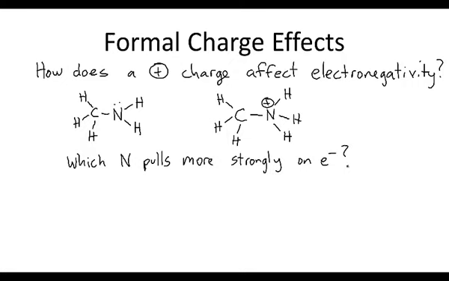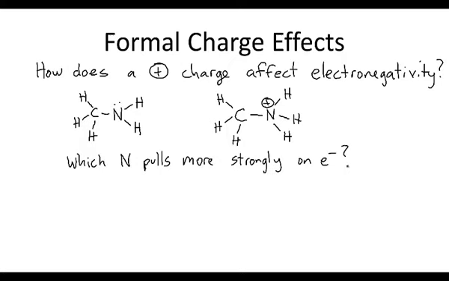Well, what does a positive formal charge mean? When I put a positive formal charge on an atom, what does that mean about that atom in that structure? Yeah, it's effectively lost an electron. So if something has lost an electron, it's got a positive charge.